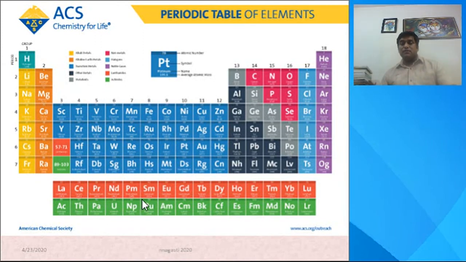At the bottom we have lanthanoids and actinoids. If you see their electronic configuration, outermost electron is located in F orbitals. So these are also called F block elements. So S block, P block, in between them is D block, at the bottom we have F block.